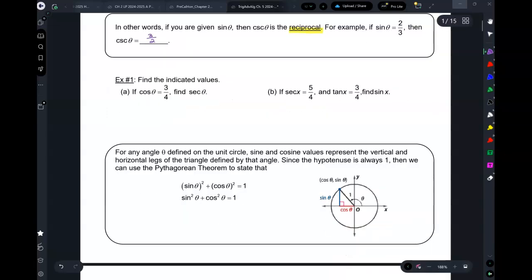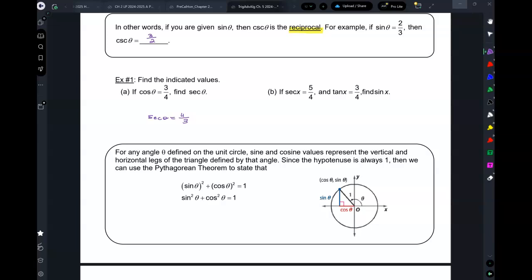You might be asked to find the indicated values like this. If cosine is 3 over 4, find secant of theta, and you would say secant of theta is 4 over 3. It's just as simple as that. You're using a trigonometric identity.